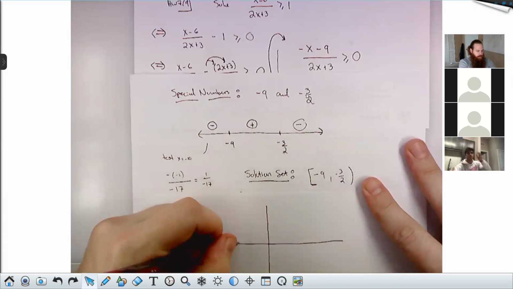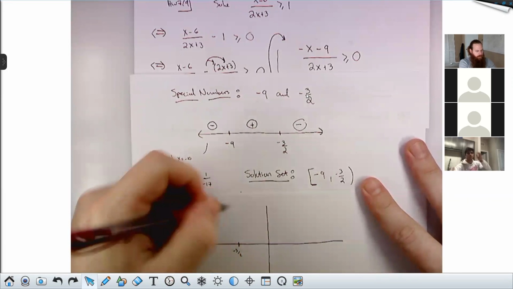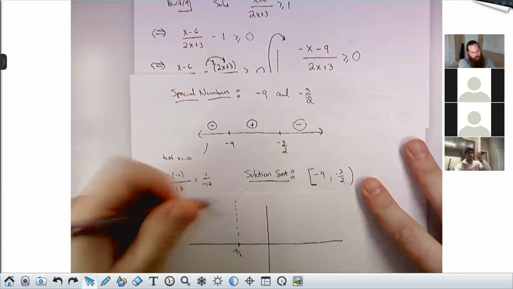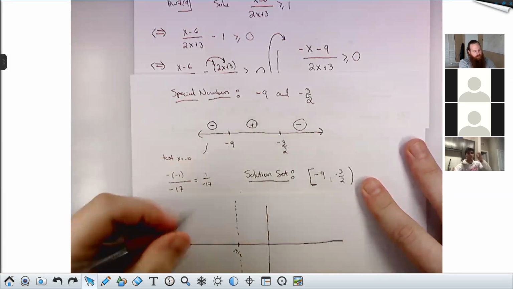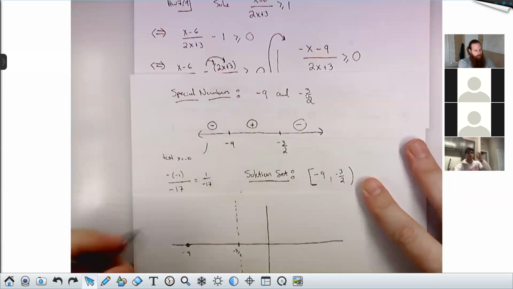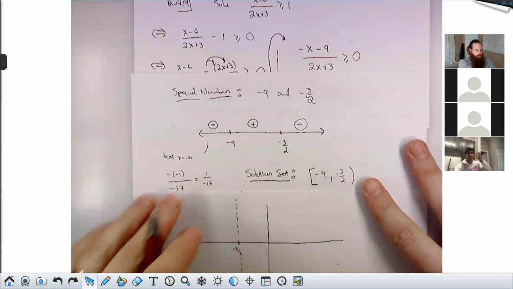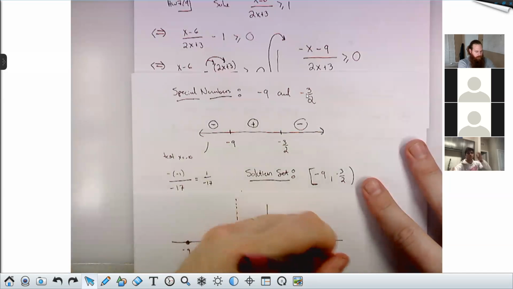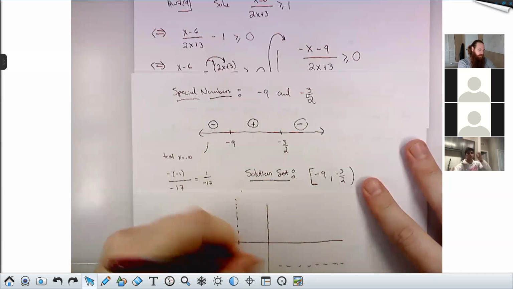The VA is at -3/2. Something else is going on at -9. That's an x-intercept, because that's where the top is 0. My horizontal asymptote is -1/2. So y equals -1/2. I'll draw that like this.